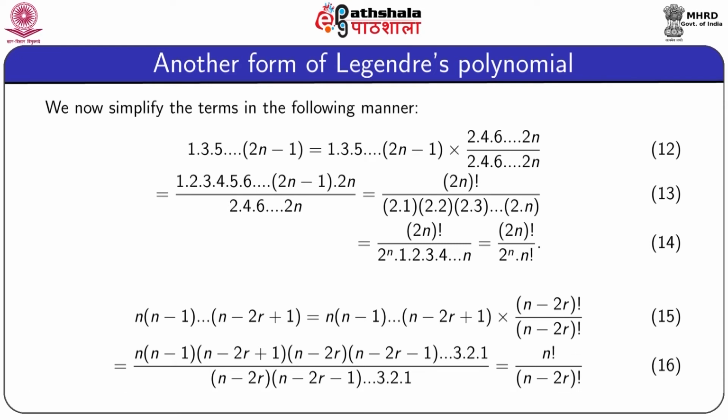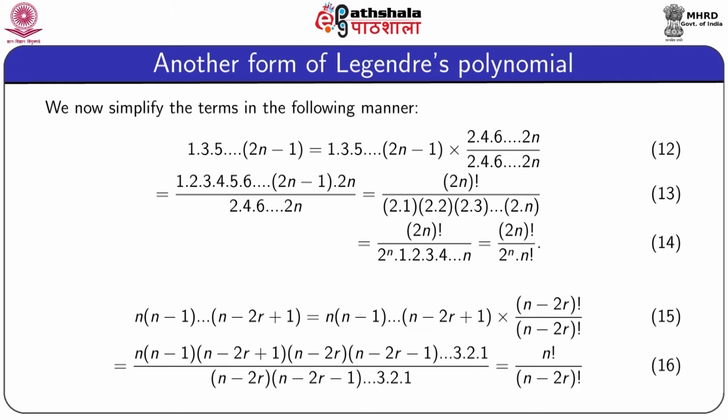We now simplify the numerators and denominators of expression number 13. The numerator 1.3.5 dot dot 2n minus 1, you multiply both numerator and denominator by 2.4.6 dot dot 2n, which is given in equation number 14. If you do that, the numerator is going to give you 2n factorial, and the denominator is going to give you 2.1, 2.2, 2.3 dot dot 2.n after taking 2 common from each term, which is in equation 15.